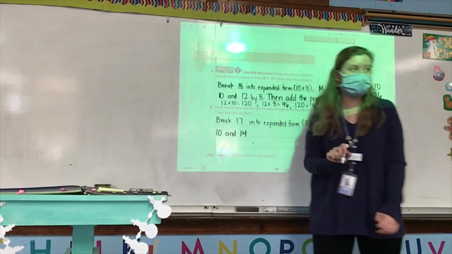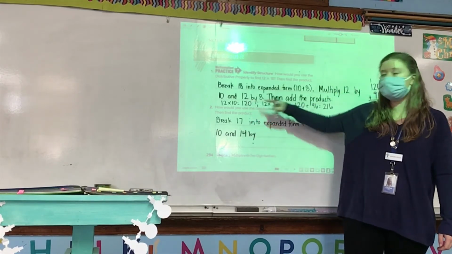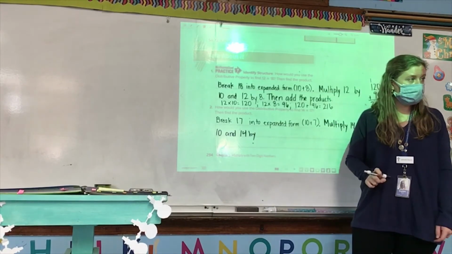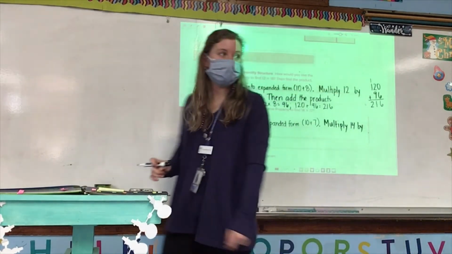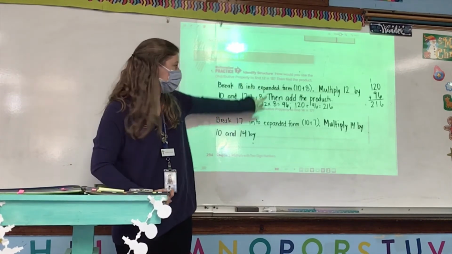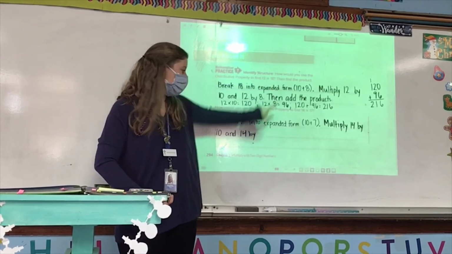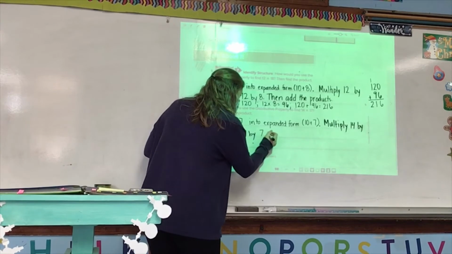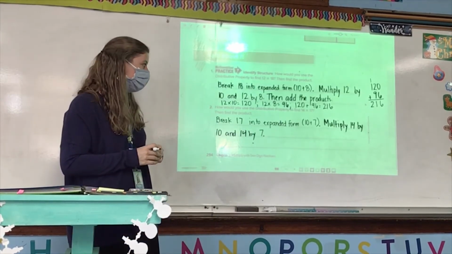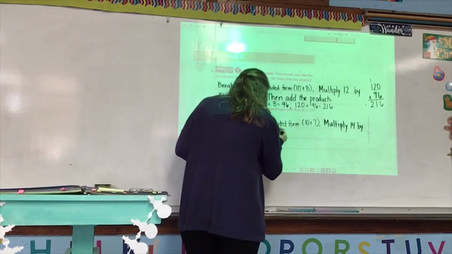Would it be 14 by 8? In number 1, we have 12 by 8. Are we going to have 14 by 8 here? In number 1, we have our other factor, which is 12, the one we did not break down, and then the ones in the other factor. 14 by 7. Okay? What comes next? Then add the products.